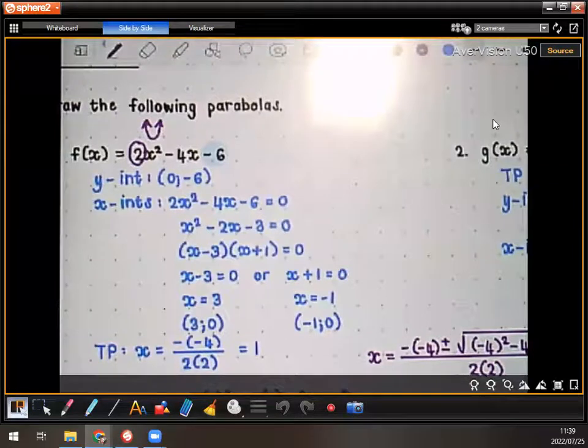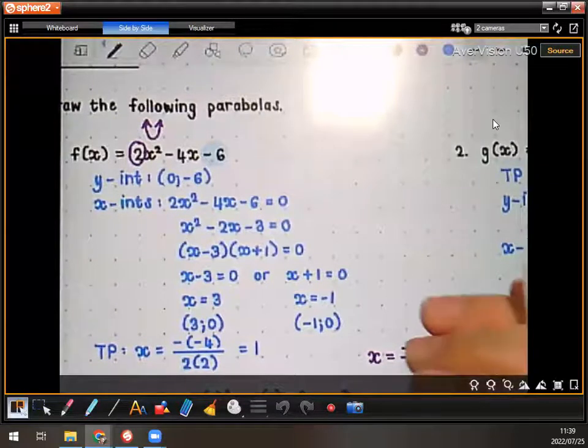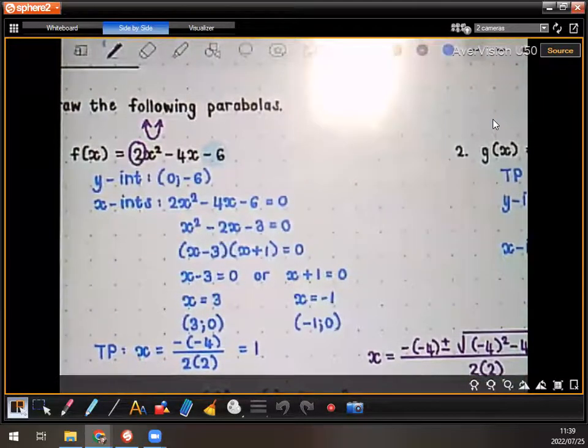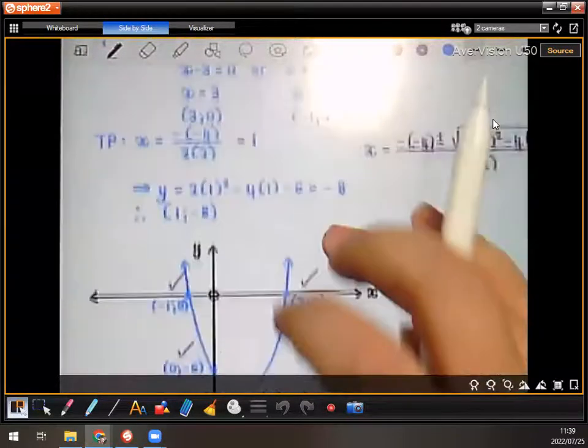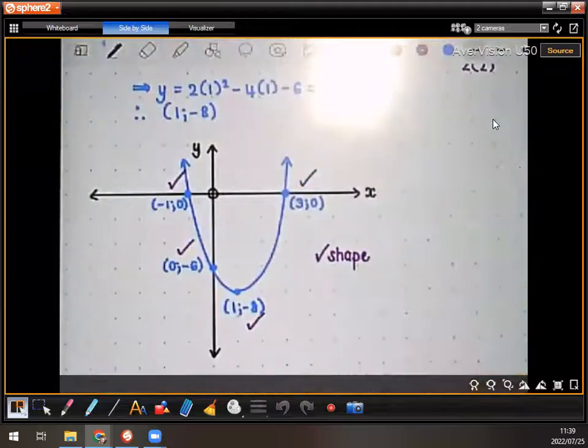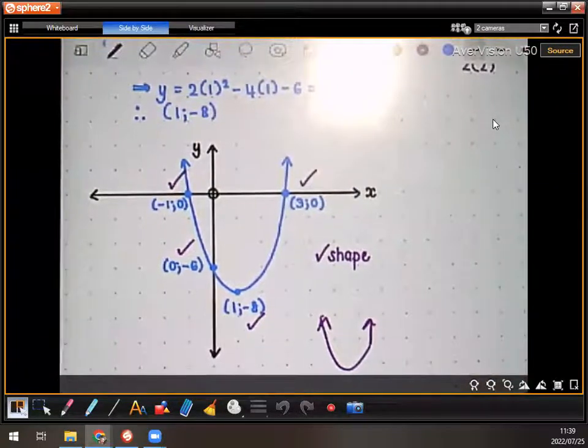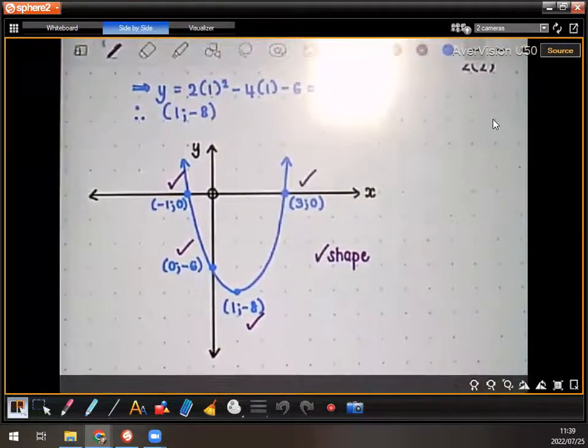So if you can't calculate anything, say you hit a blank, you don't know what to do, but you at least remember that, okay, that's positive 2, so it needs to be an upwards facing parabola. Just draw that shape, right, with no values. Just do like this on a computer page. Okay, you'll get 1 mark for that. And you'll get the shape mark. Okay, even if you don't have any coordinates written down. That's a mark that you could at least get.